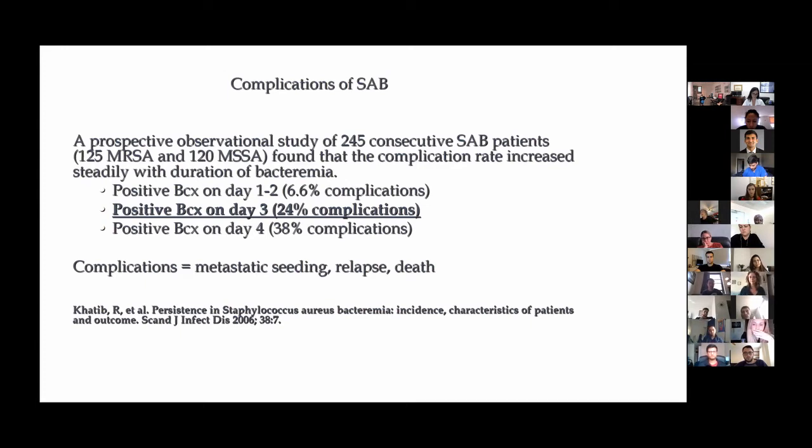So that's why that day 3 blood culture is so critical for us. So when we ask for repeat blood cultures, that day makes a huge difference. Day 3 to day 4, you really jump in terms of the risk for developing a worse outcome and having metastatic complications wherever that may be. Okay.